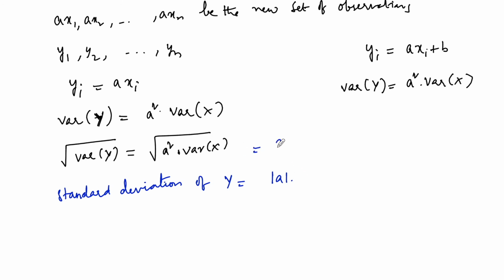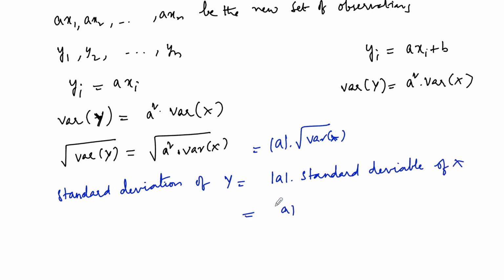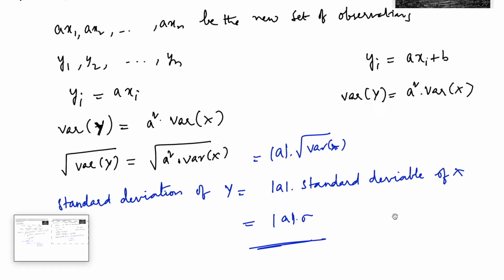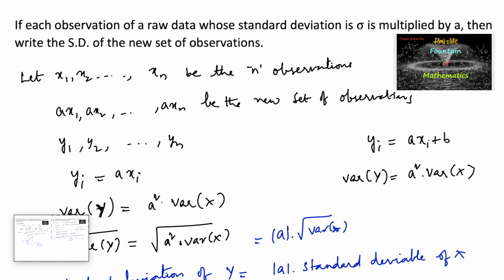This is mod a into root over variance of x, that is square root of variance of x is nothing but standard deviation of variable x. It is given that standard deviation of variable x is sigma, so mod a into sigma. So standard deviation of the new variable is nothing but mod a into sigma, which is the answer.